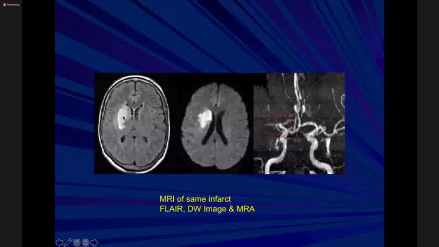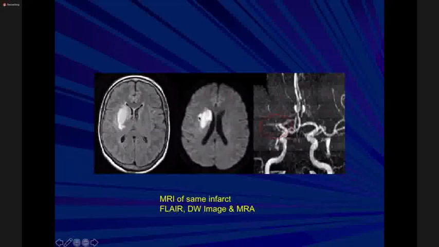This does not differentiate acute infarction from a chronic infarction. Whereas this, yes, this clearly shows acute infarction. So that is why it's important for you to do a DW image. So this is a patient with FLAIR, DW image, and MRA.